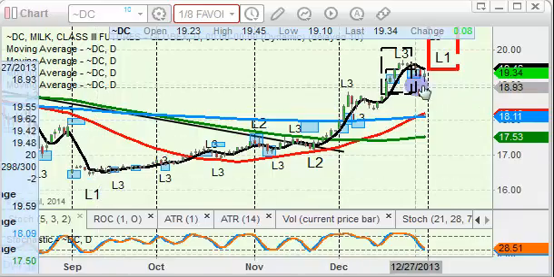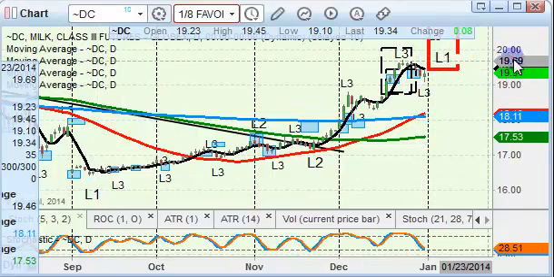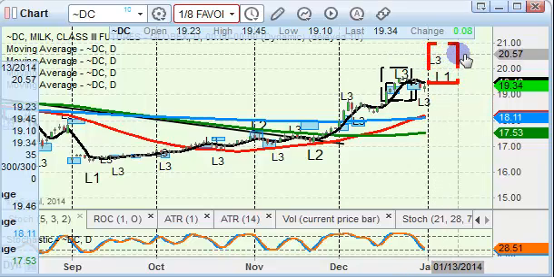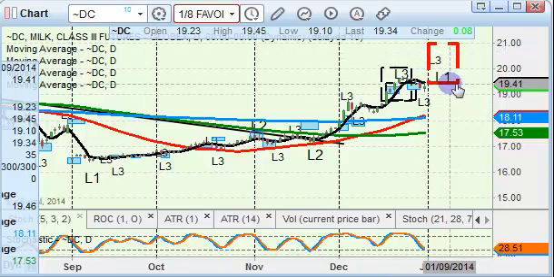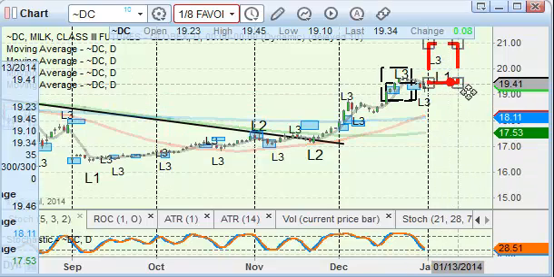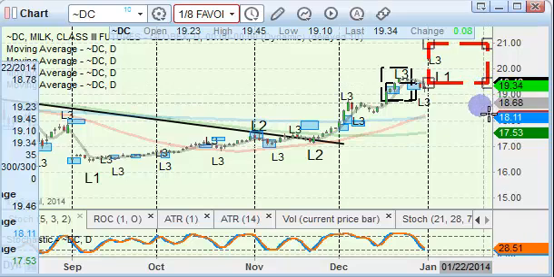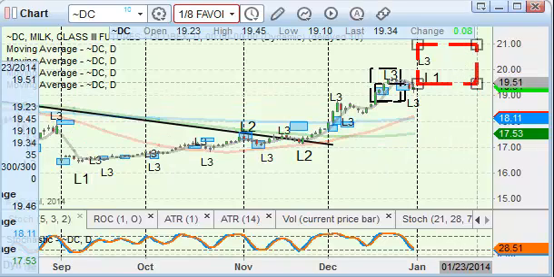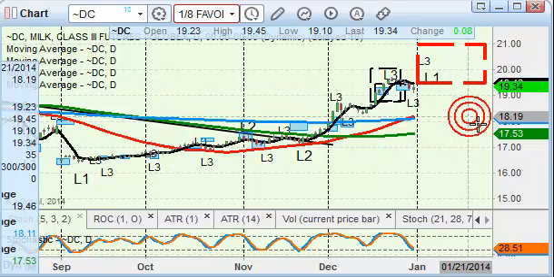At any rate, what we can see is that we're now looking for this L1 top. We have drawn a time zone here, anticipating a top. Now this time zone is actually a little bit off the mark. We want to move this out, closer to actually January 27th for this time zone, right there.